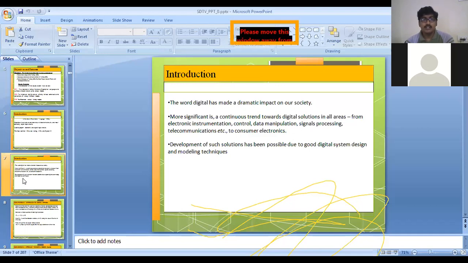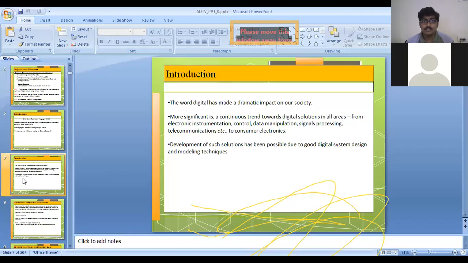So this digital concept has a very good impact on our society, and most of the problems are being solved with the help of digital circuits, starting from electronic instrumentation onwards, and controlling of devices, data manipulation, signal processing and telecommunications, up to consumer electronics.